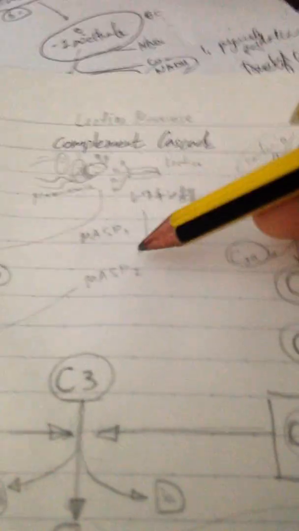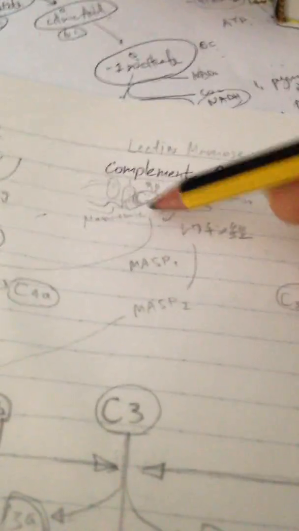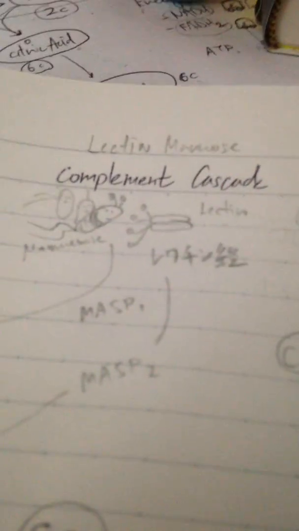We have the mannose-lectin pathway. You might ask me, what is mannose and what is lectin? Mannose is actually a polysaccharide that is present on the surface of the bacterium, and lectin is basically what can start off this complement cascade.